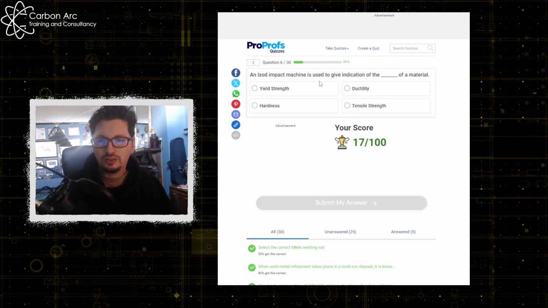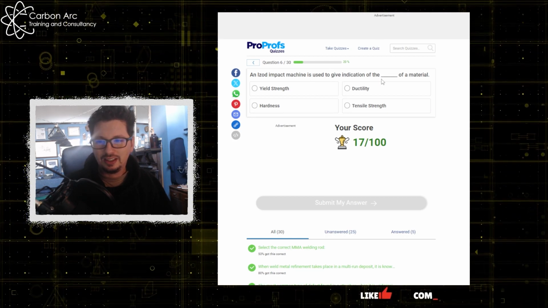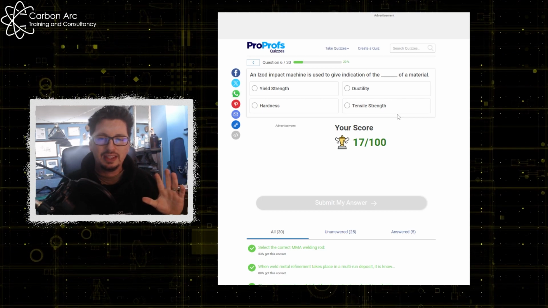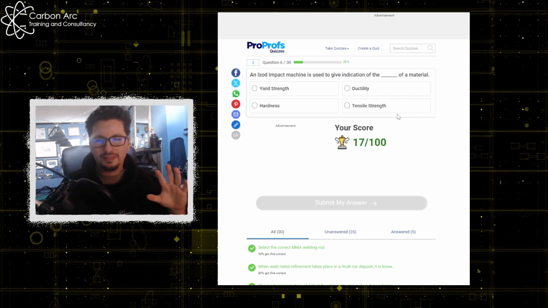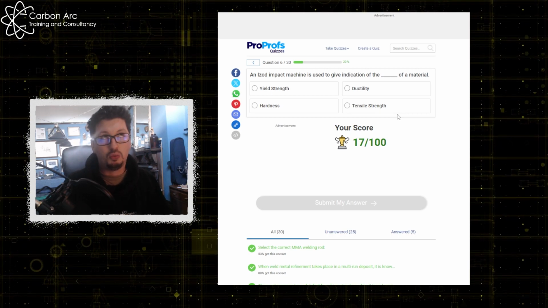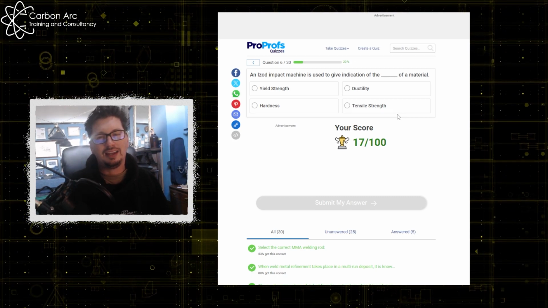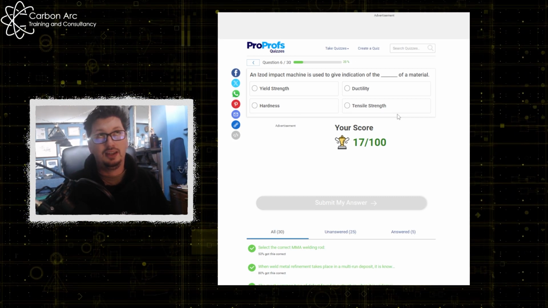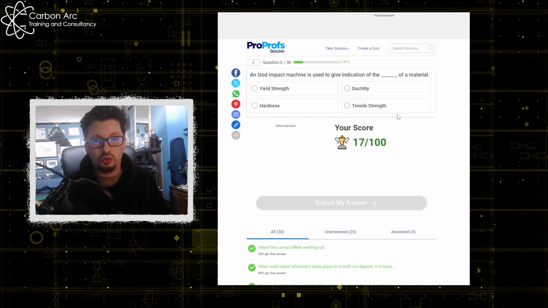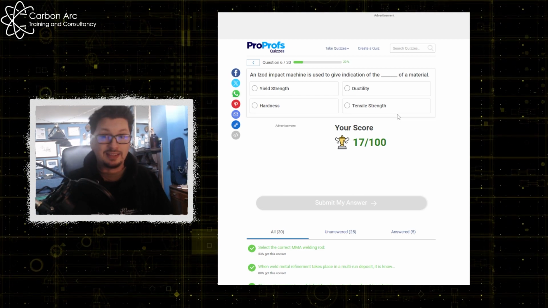An Izod impact test machine will give an indication of a material. This is a funny one because Izods are mentioned in CSWIP, I think, once as a passing slide, and I've never seen anything further on them, whether in practice tests or within exams at all.